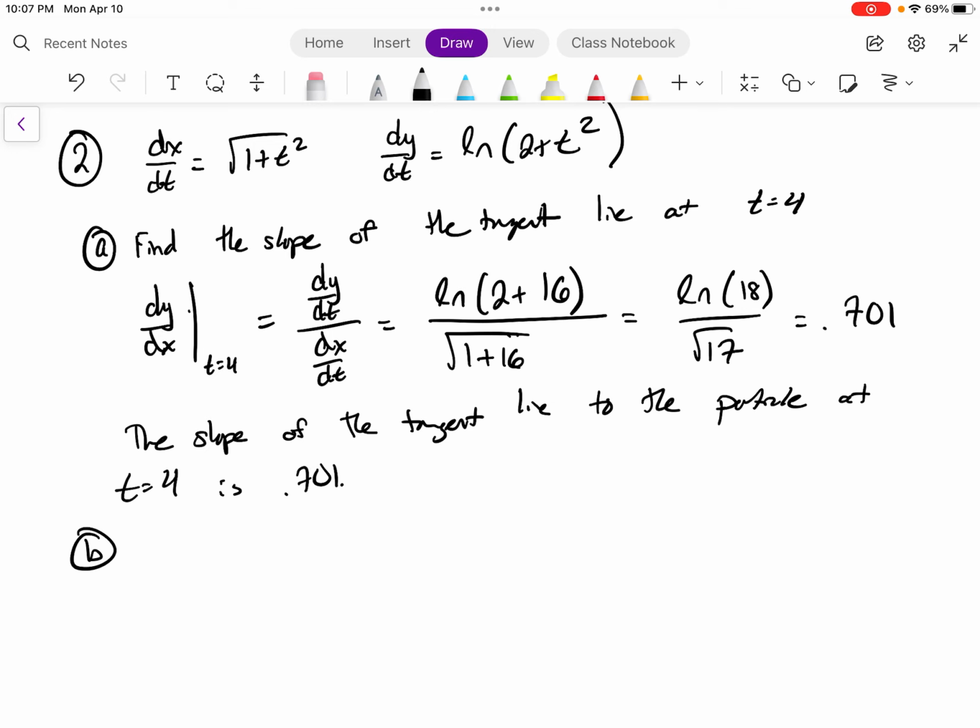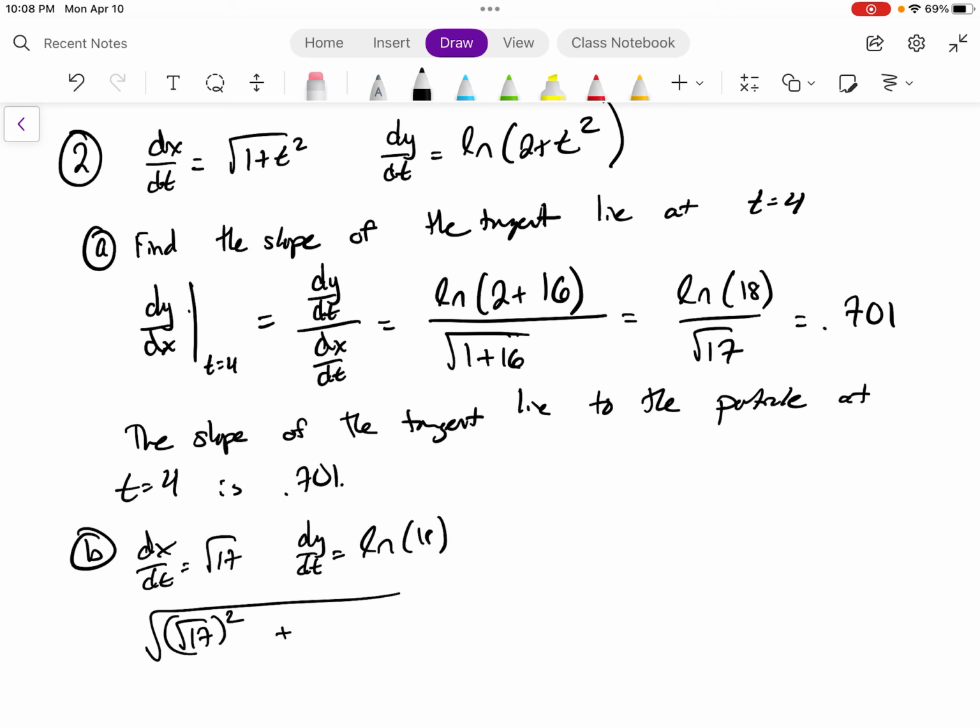If dx/dt at 4 is root 17 and dy/dt at 4 is ln 18, that's how fast I'm moving in the x and how fast I'm moving in the y. So we take the square root of root 17 squared plus ln 18 squared.